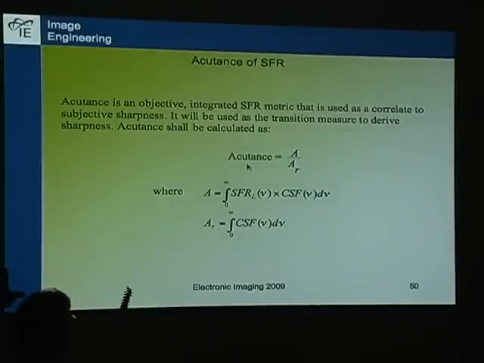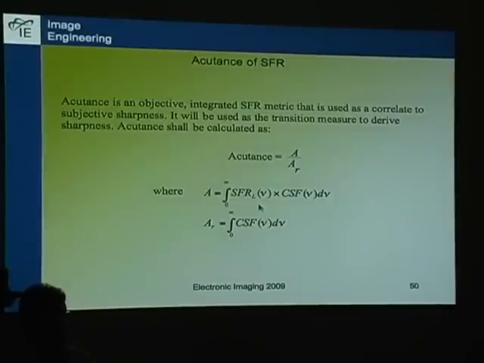And there they wanted to have a measure for sharpness, and the idea right now is to come up with the acutance measure, which is basically the MTF curve of a system multiplied with the contrast sensitivity function for a specific viewing condition, and divided by the contrast sensitivity function itself.